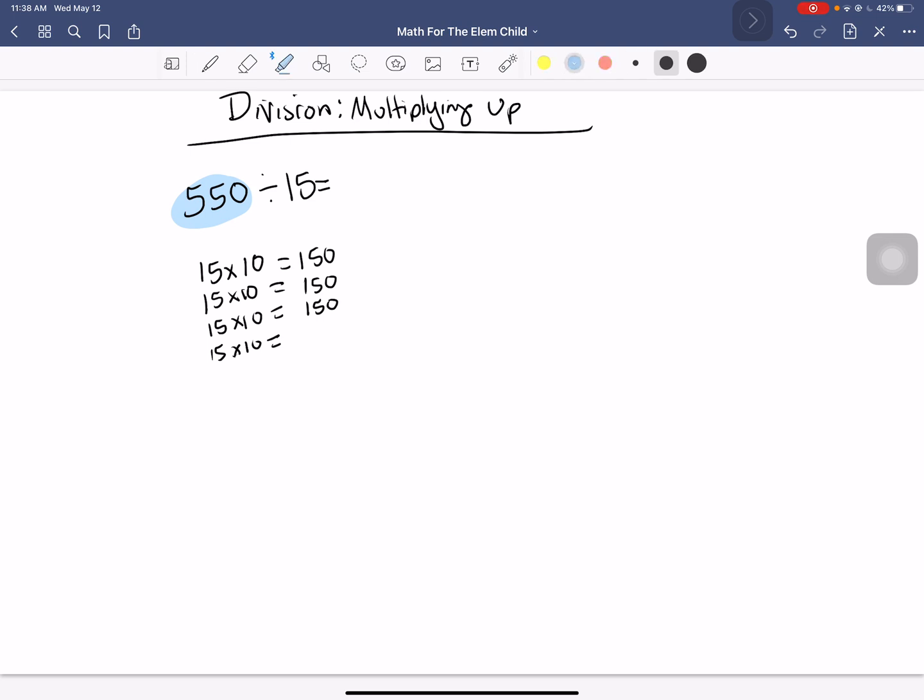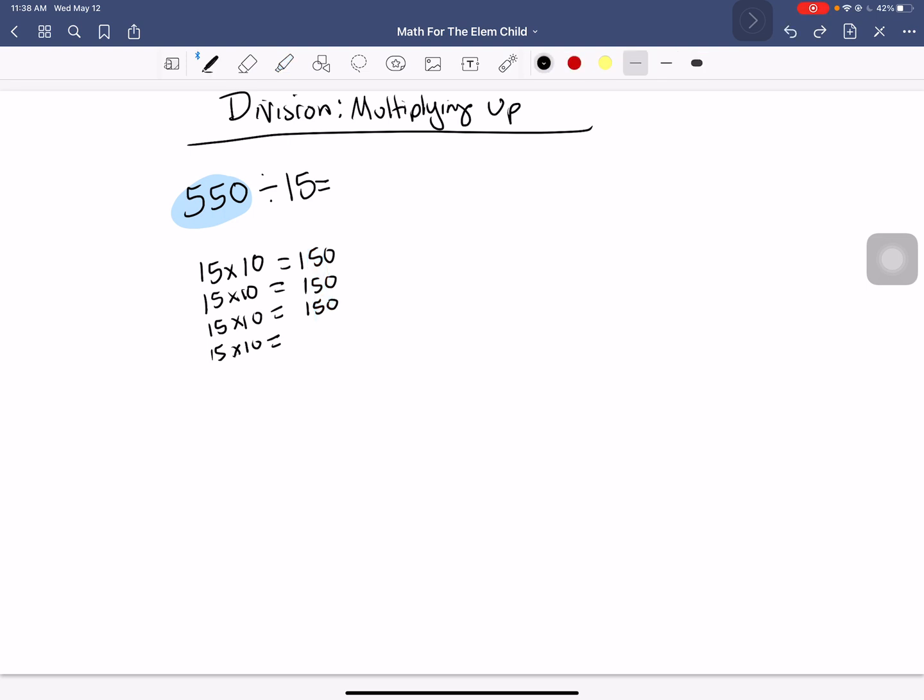I guess this might be a little confusing. I may not have mentioned that we are adding this row up. So we want to keep everything sort of in a box or as organized as we can, and then we're going to add everything up in this line as long as we do not go over 550.